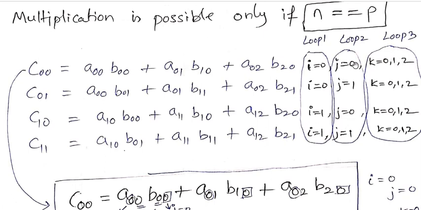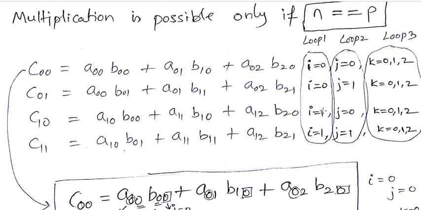Initially I is 0, J is 0, and it will loop here. Once it completes, I will remain 0, J will increment to 1, again K will loop. Once J is done, because number of columns are done, then this loop will stop.